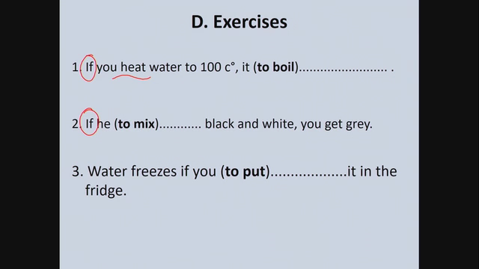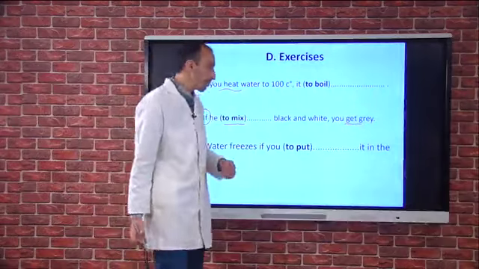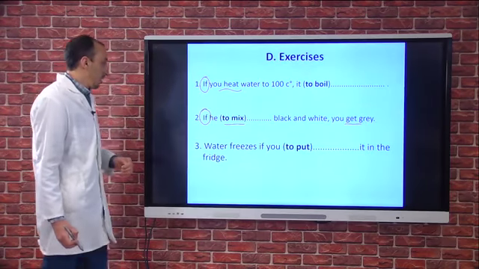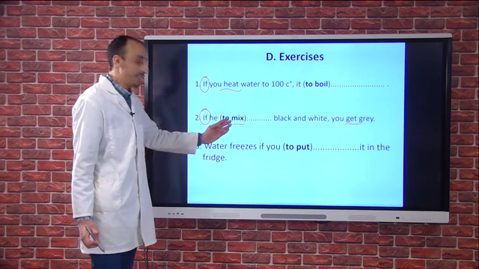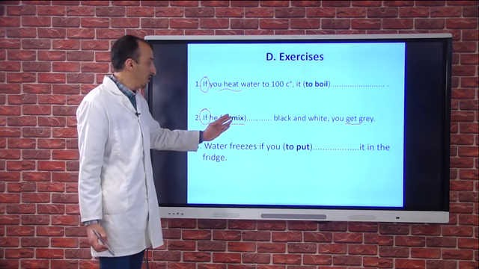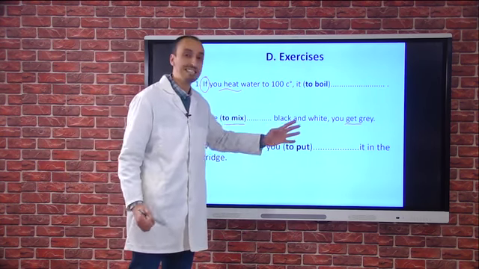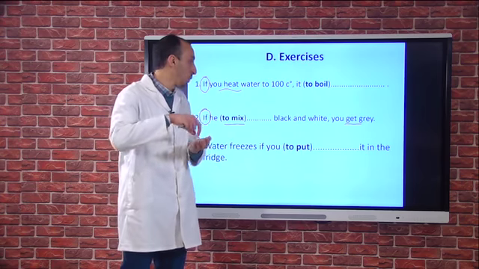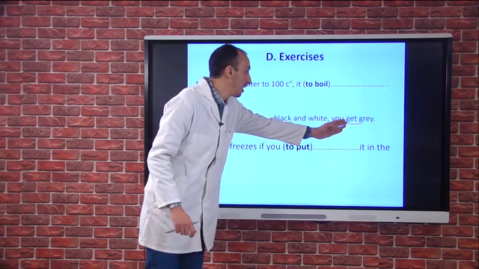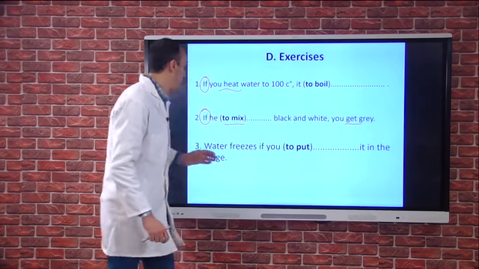In sentence number 2, we are looking for the verb in the if clause, because we already have the verb in the main clause. If he, the verb to mix, that is the infinitive. Black and white colors. If you mix the black and white, now you get gray.